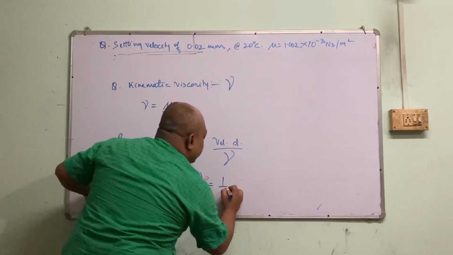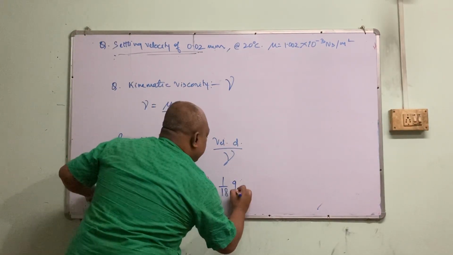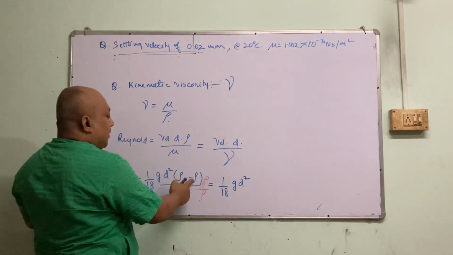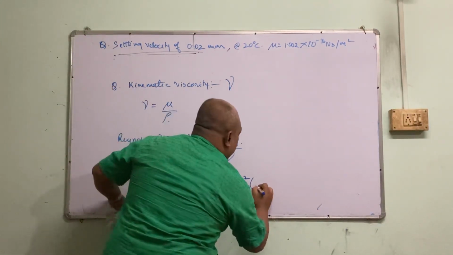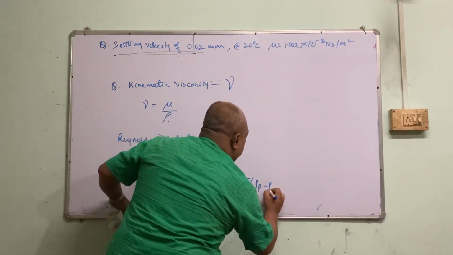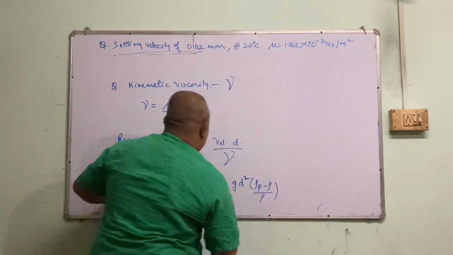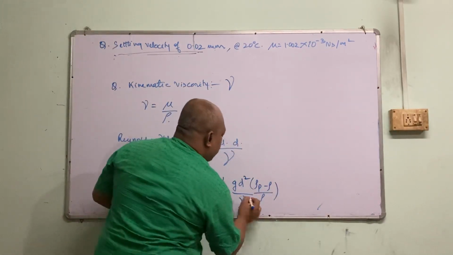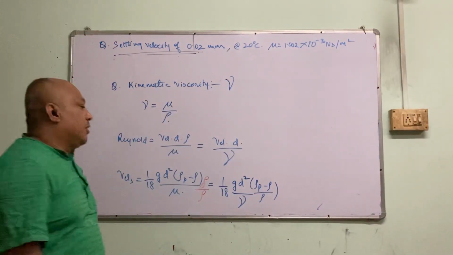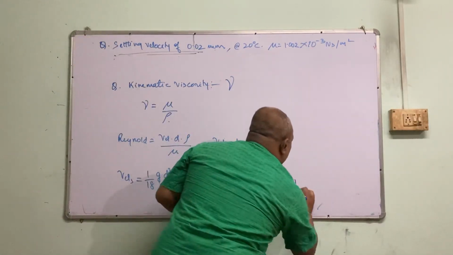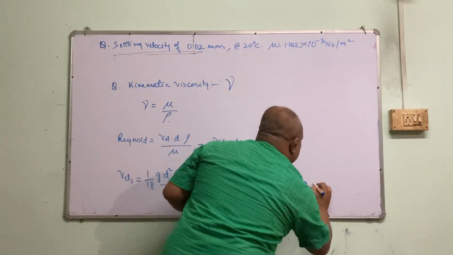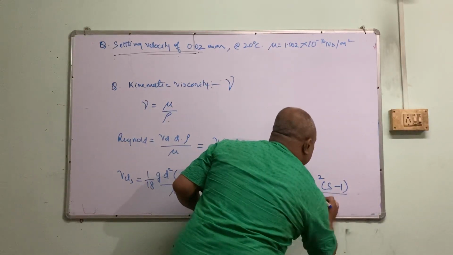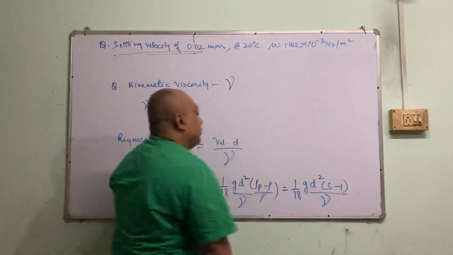So it will be 1 by 18 g d square, rho p minus rho w divided by rho, which is s minus 1, divided by nu. Is that okay? Or this is equal to 1 by 18 g d square, s minus 1, divided by nu.